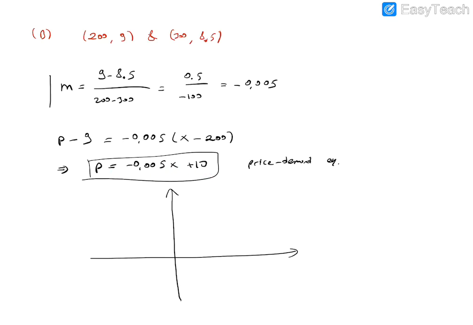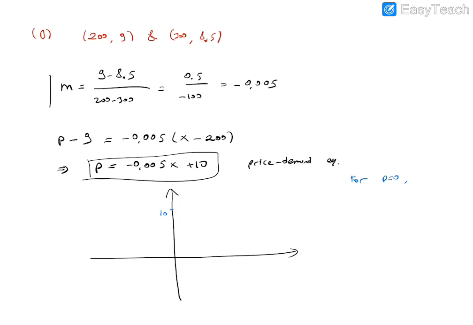When X equals 0, the price is $10. So it starts from $10 somewhere here. When the price is 0, let's calculate, I try to find the x-intercept.